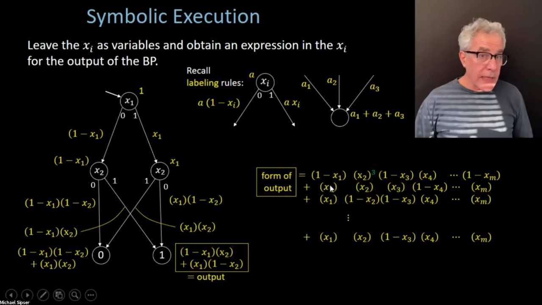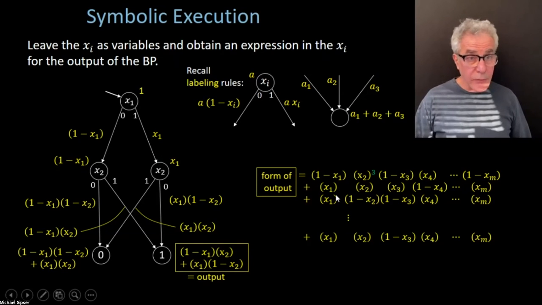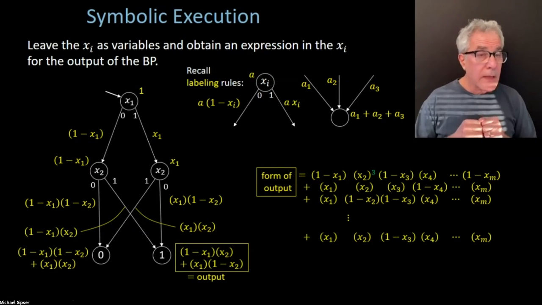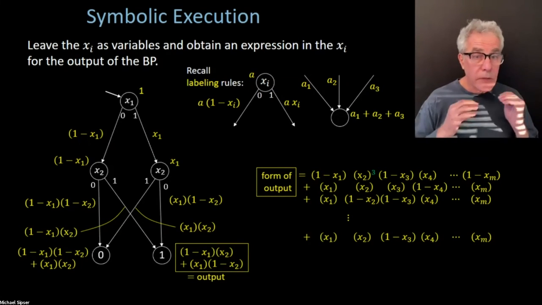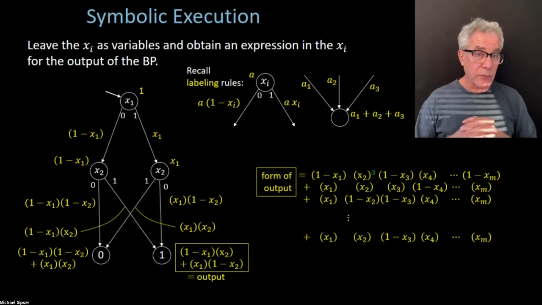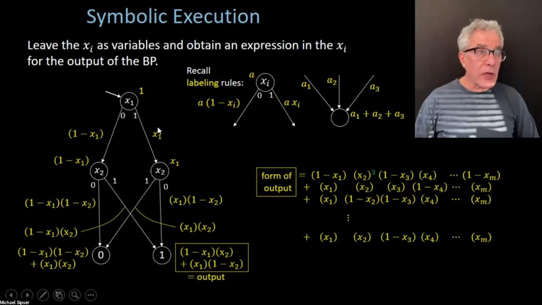So when I say it's products of xi's and 1 minus xi's, maybe there's going to be some xi's that appear several times in the product. Well, that cannot happen. Why? Read once, it's a read once branching program. So every time you multiply by an xi or 1 minus xi, you're never going to do that again, because doing that would imply you're querying that variable more than once.